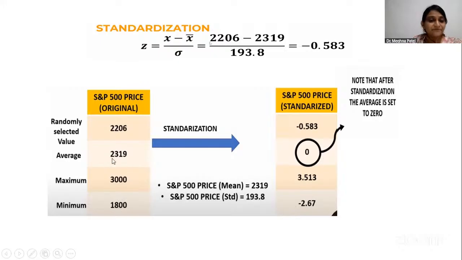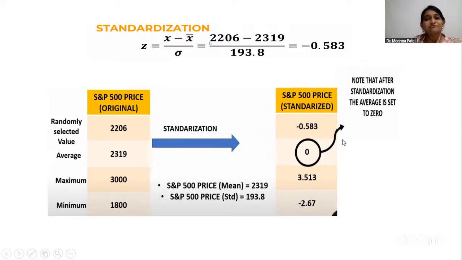Likewise, for 2319, 2319 minus 2319 becomes 0. Then 3000 minus 2319 divided by 193.8 gives 3.513. And 1800 minus 2319 will give you this value.